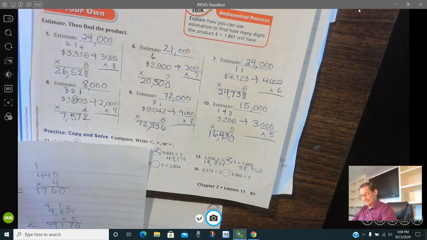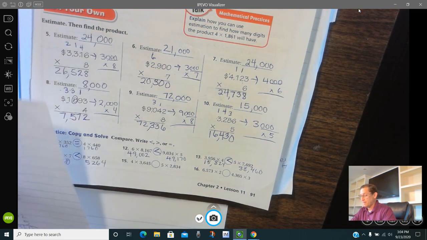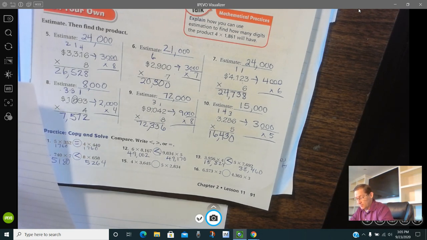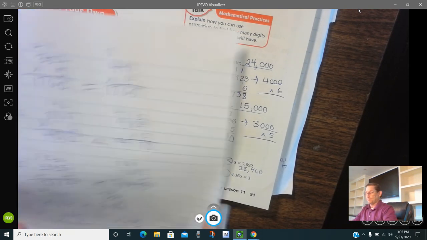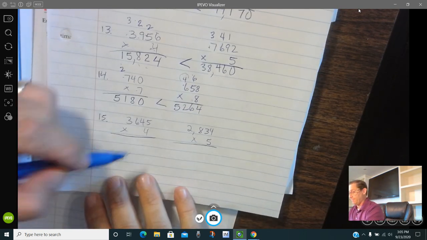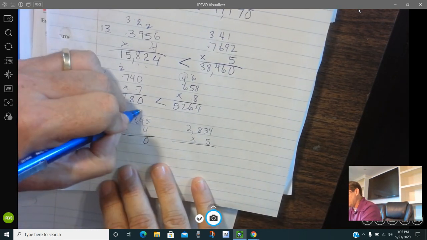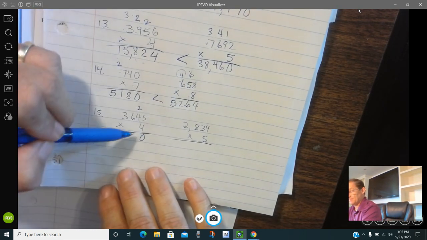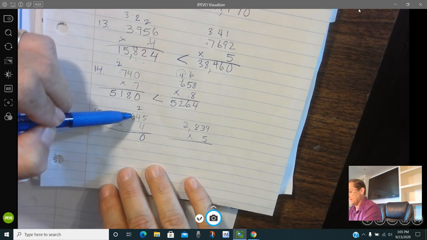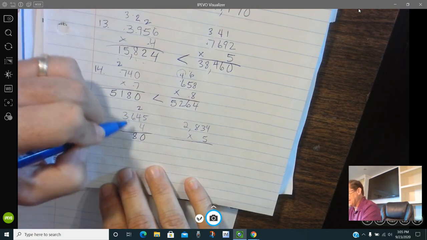Okay, number 15. 3,645 times 4 compared to 2,834 times 5. All right, 4 sets of 5 ones is 20 ones. Rename that as 2 tens. 4 sets of 4 tens is 16, plus 2 more is 18 tens.